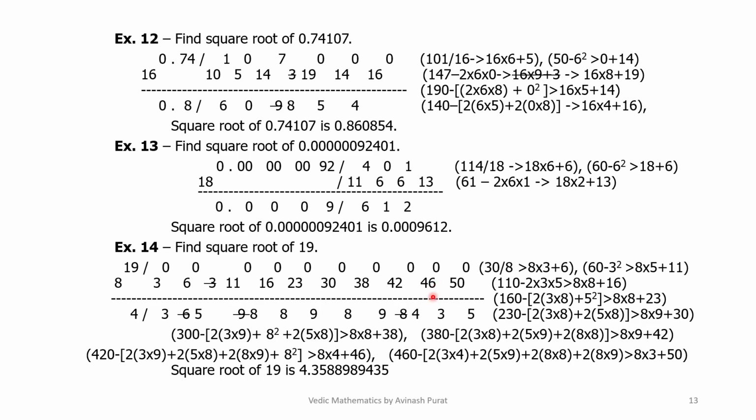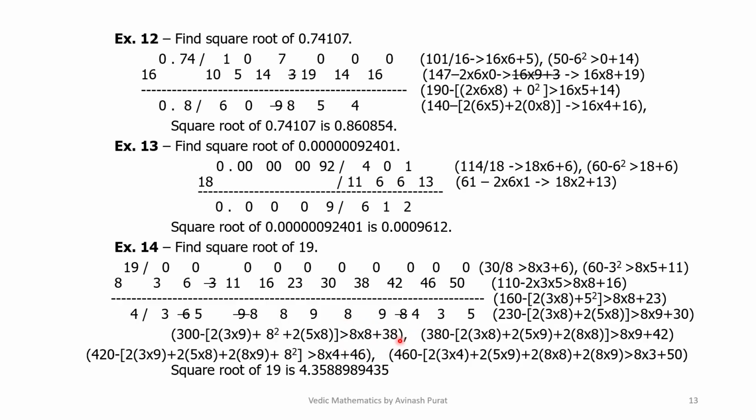So 460 is the next dividend, minus 2 into 3 into 4 plus 2 into 5 into 9 plus 2 into 8 into 8 plus 2 into 8 into 9. That is 24 plus 90 plus 128 plus 144 equal to 386.